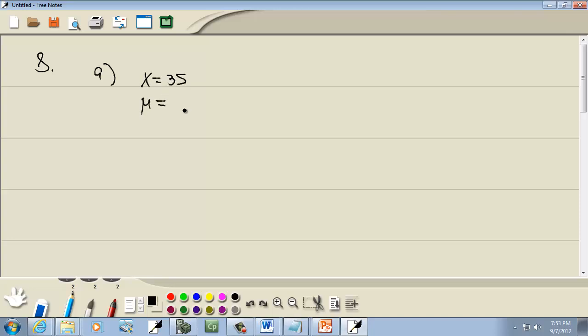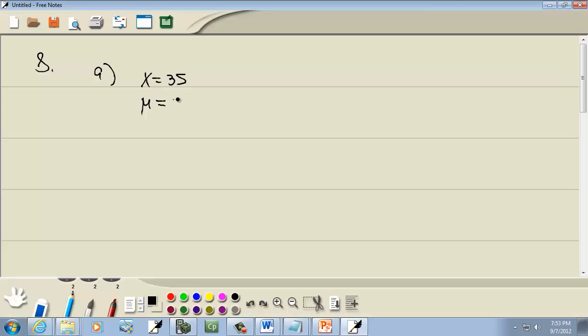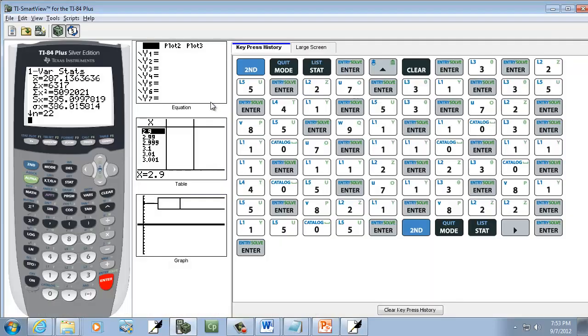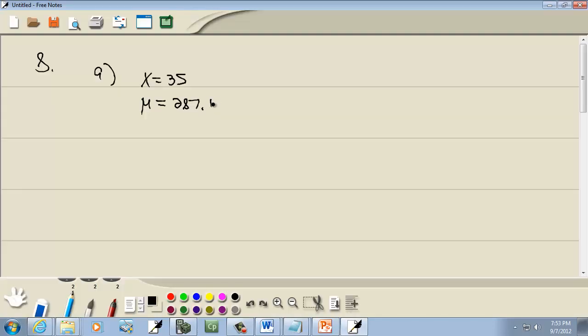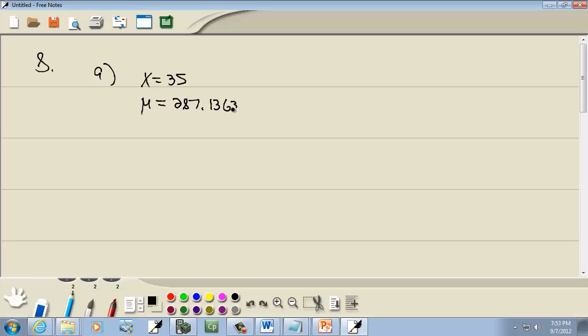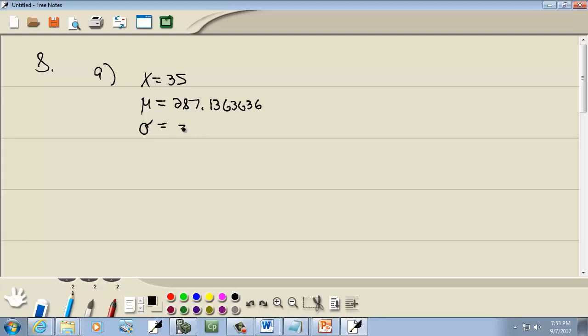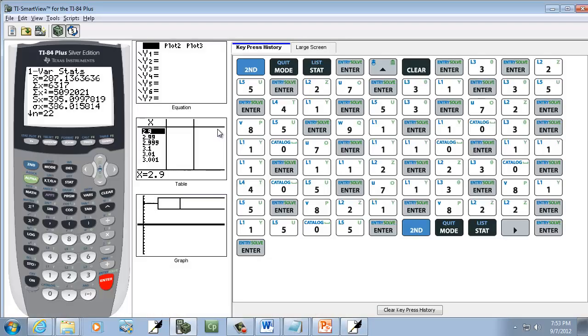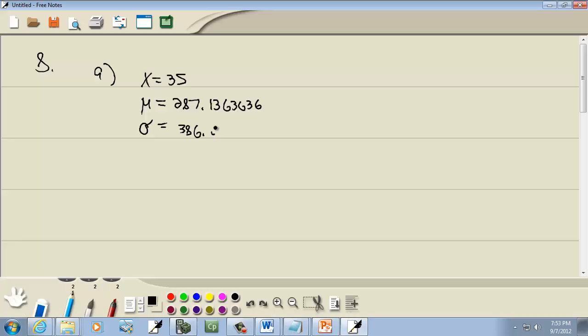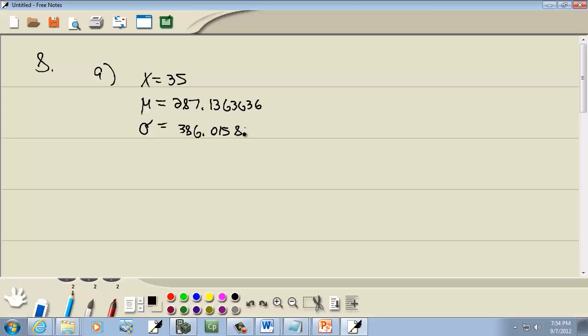Now our mean, remember mean is the same as x bar, so mean is 287.1363636, and our standard deviation, which is sigma, would be 386.015814.